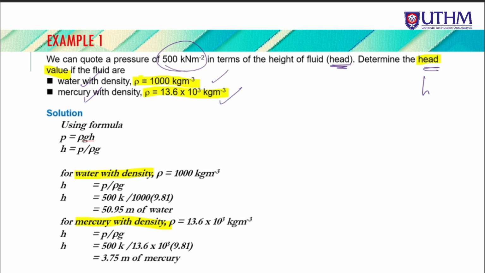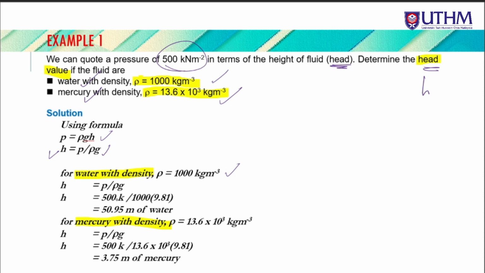So what we need to do is that kita tahu macam mana nak kira pressure. Pressure equals to rho G H, and then kita rearrange to get the value of the head, which is equal to P over rho times G. Okay, so for water diberi 1000 kilogram per meter cube, and then kita just replace je kan.